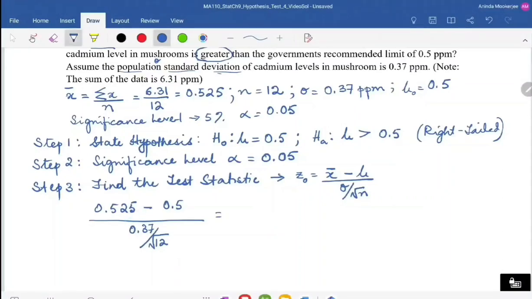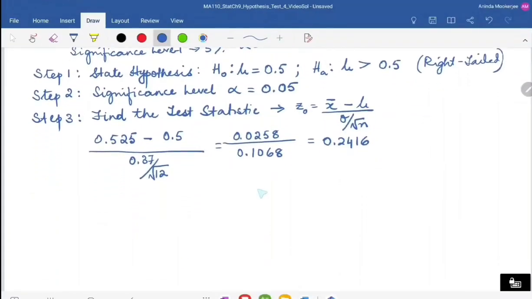We will end up with the numerator 0.025 over 0.37 divided by the square root of 12, which should give you 0.1068, and when you do this division you should get a value of 0.2416 roughly. It's 0.24157 to the 5th decimal place, but we'll just round it to the 4th decimal place. So that's our z sub 0, our test statistic, our evidence.